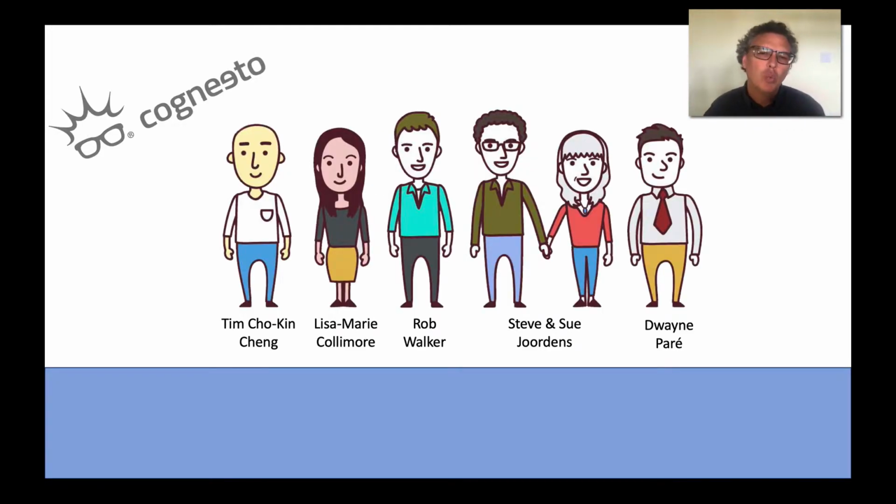So first of all, who are we? We are Cognito. Cognito is the company behind peerScholar, and I just want to emphasize a few points to you at the outset. The first one is that we are first and foremost educators. We created peerScholar originally to help with some of the challenges of my large course.